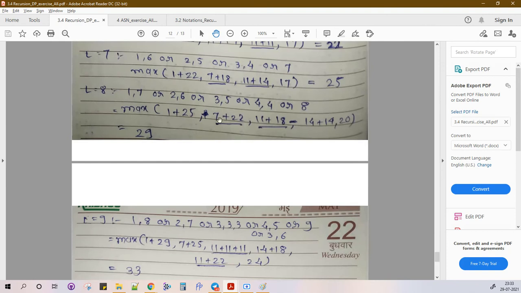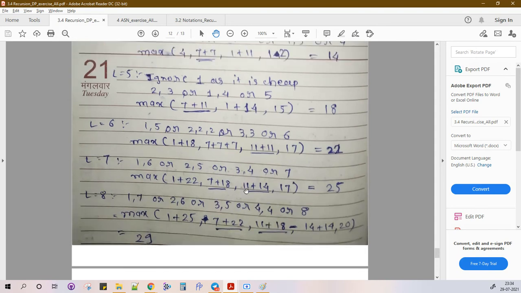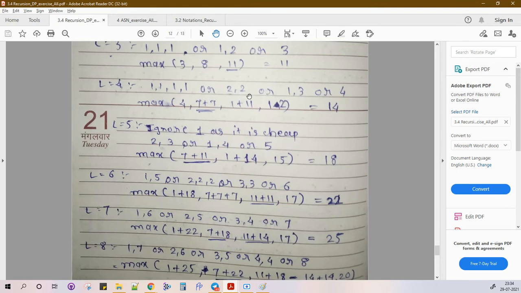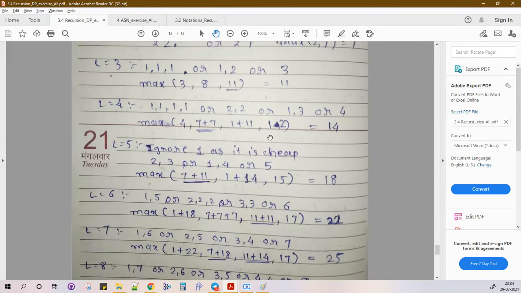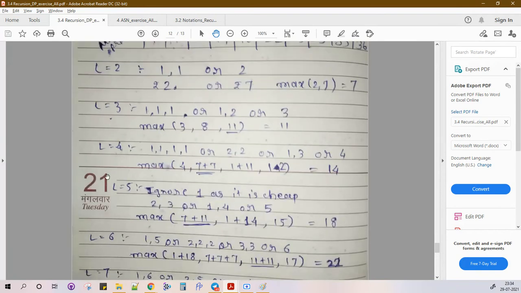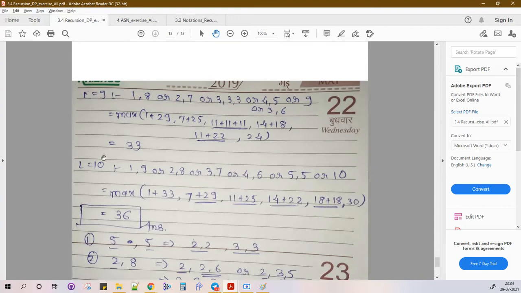We have already solved it. Just solve 3 and 5 or 4 and 4. And the maximum profit for having 4, I don't need to solve the 4 directly. I need to break it again into 2 and 2. Correct? That's why these small problems that we have solved for length equal to 2, then 3 and 4, everything sums up and it solves the bigger problem, L equal to 10, right?